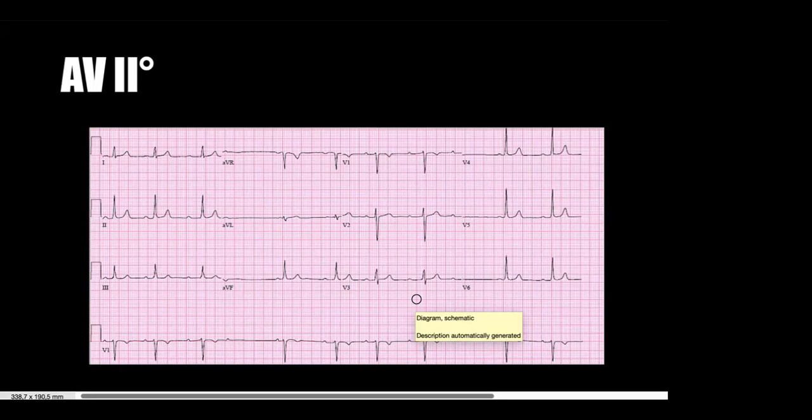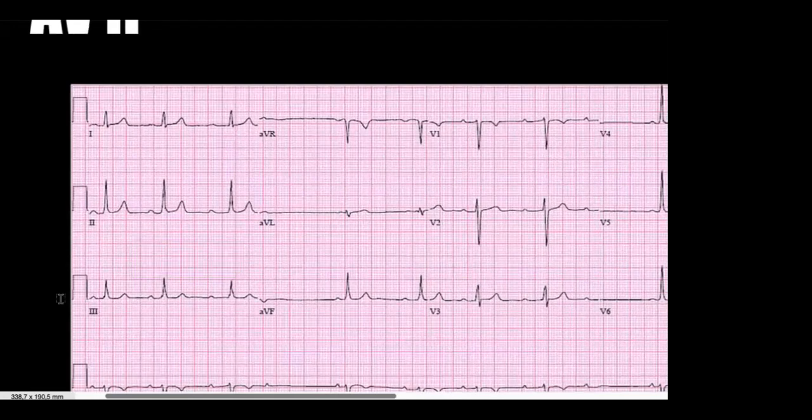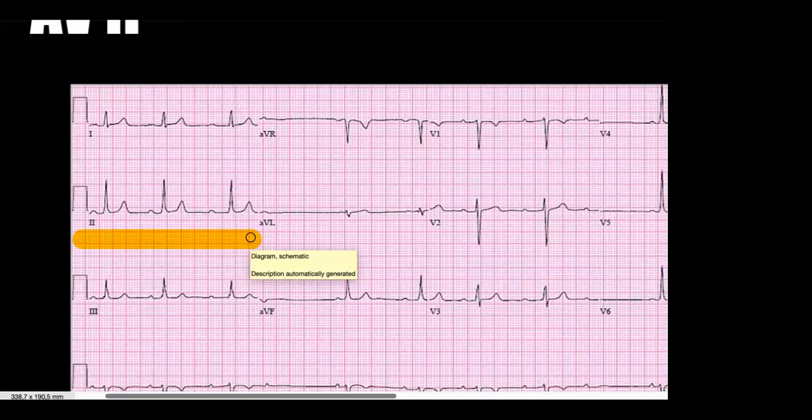So if you look at the second lead, do you notice anything? Seems like nobody notices. So let's go through it once again.